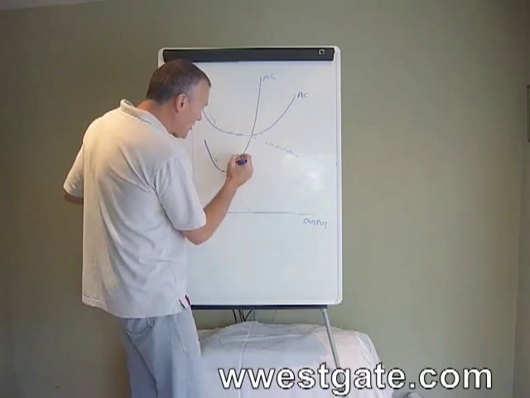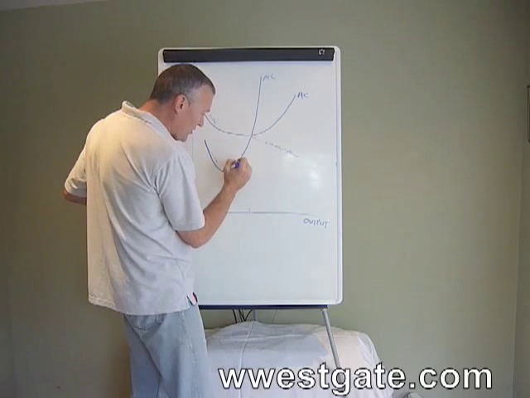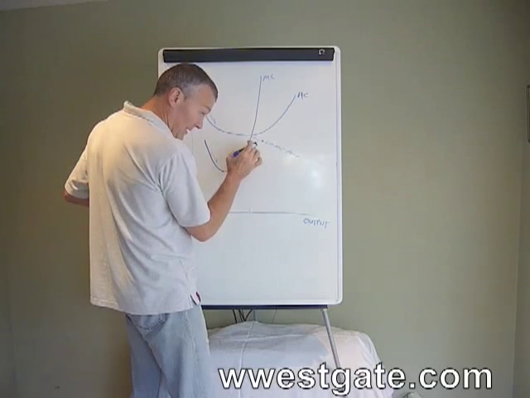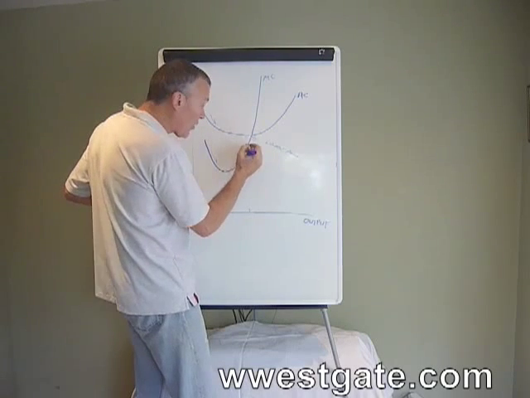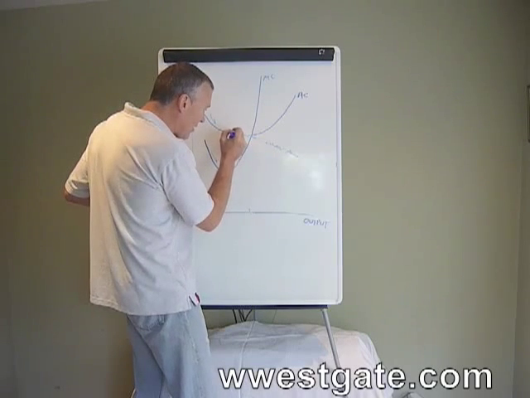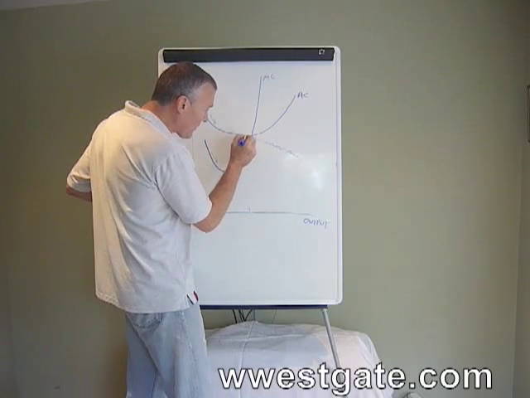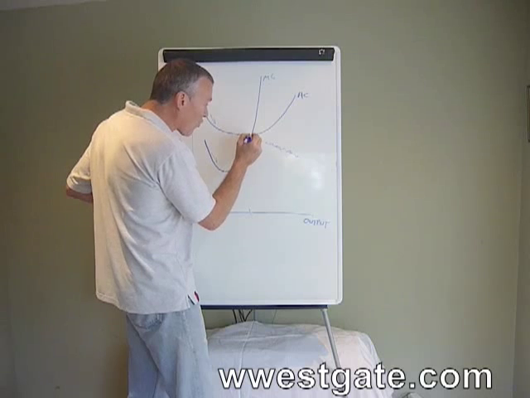Because as you can see, as the marginal cost curve begins to rise, the average cost is still falling, but at a lower rate, so the slope of the average cost curve is getting less and less. It's almost completely horizontal at this stage.